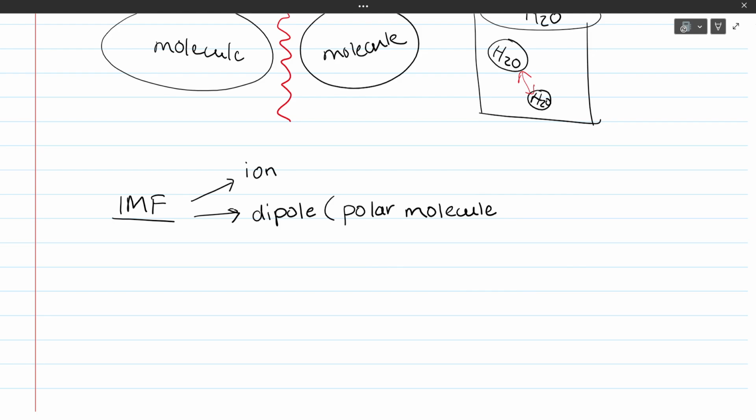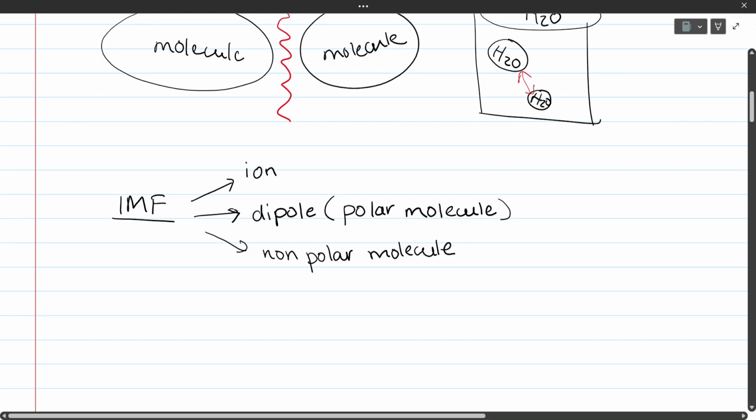So that's how you can tell if you've got a polar molecule and therefore a dipole. So you need to have an understanding of an ion and a dipole. You should also understand a nonpolar molecule, and that should be fine to be able to identify them.